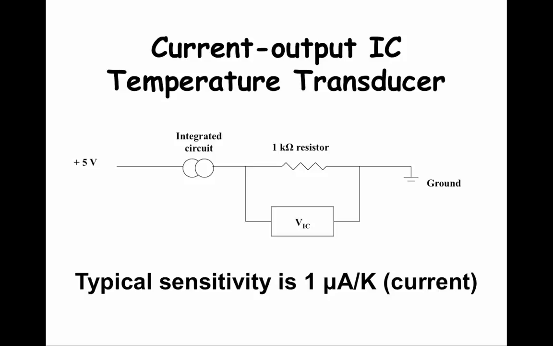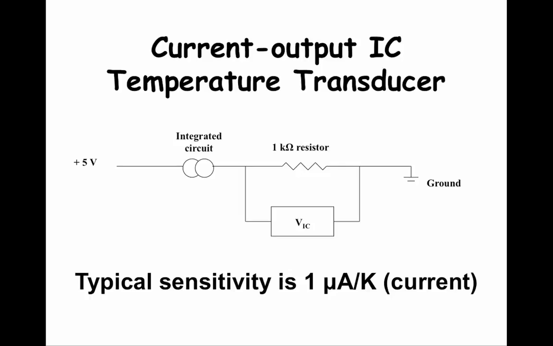As with the RTDs and thermistors, we need to convert the signal into a voltage change that we can measure with a PDAC55 unit. We do this by adding a known resistance in series with the integrated circuit temperature transducer and measuring the voltage drop across the known resistor. You will do this in the temperature lab.